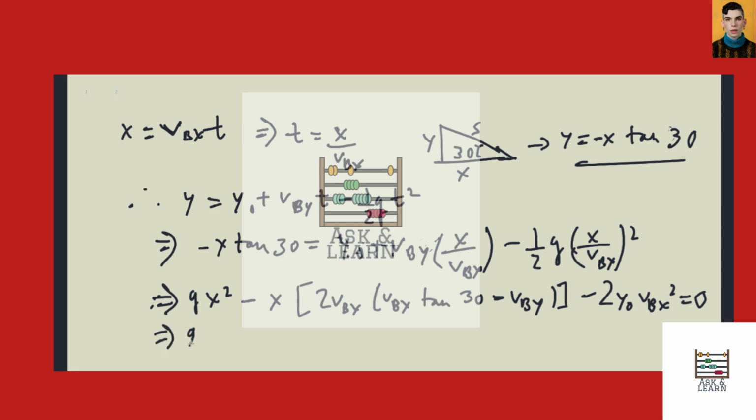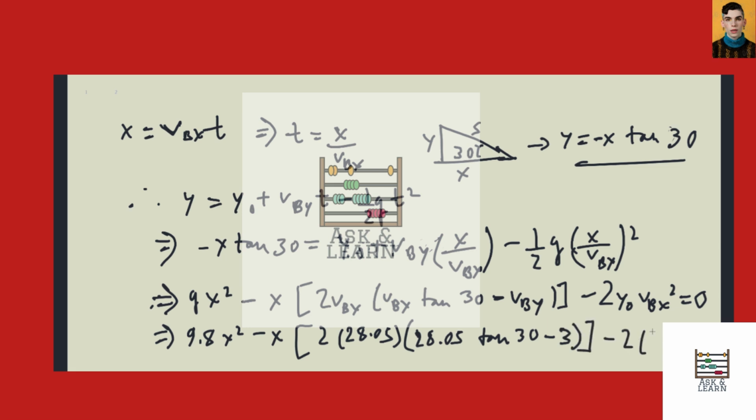Now plugging in values, you have 9.8 meters per second squared x squared minus x times 2 times 28.05, as we found, times 28.05 tan 30 minus 3, minus 2 times 4.4 for y naught times 28.05 squared is equal to 0.